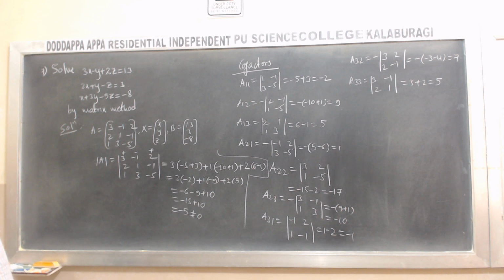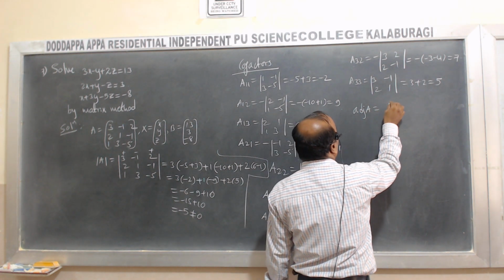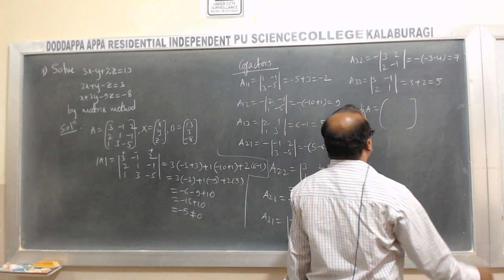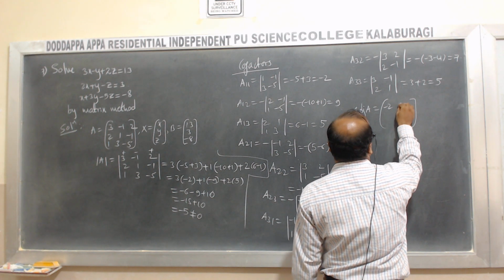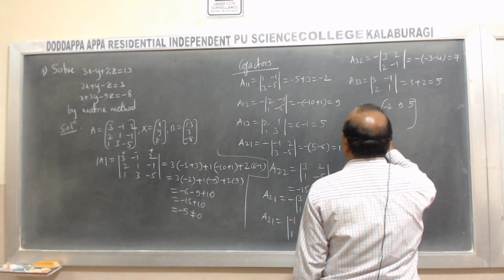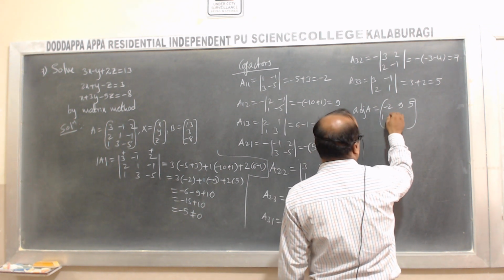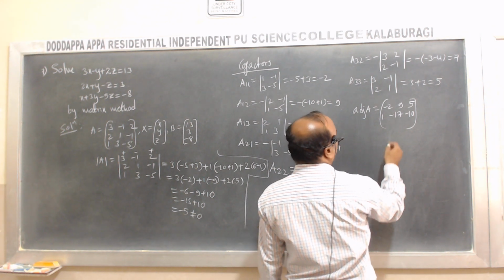Now we go for the adjoint and inverse of this one. Next, the adjoint of A is given by the transpose of the cofactor matrix. Now it is minus 2, 9, 5, first row. Second row is 1, minus 17, minus 10. Third row is minus 1, 7, 5.